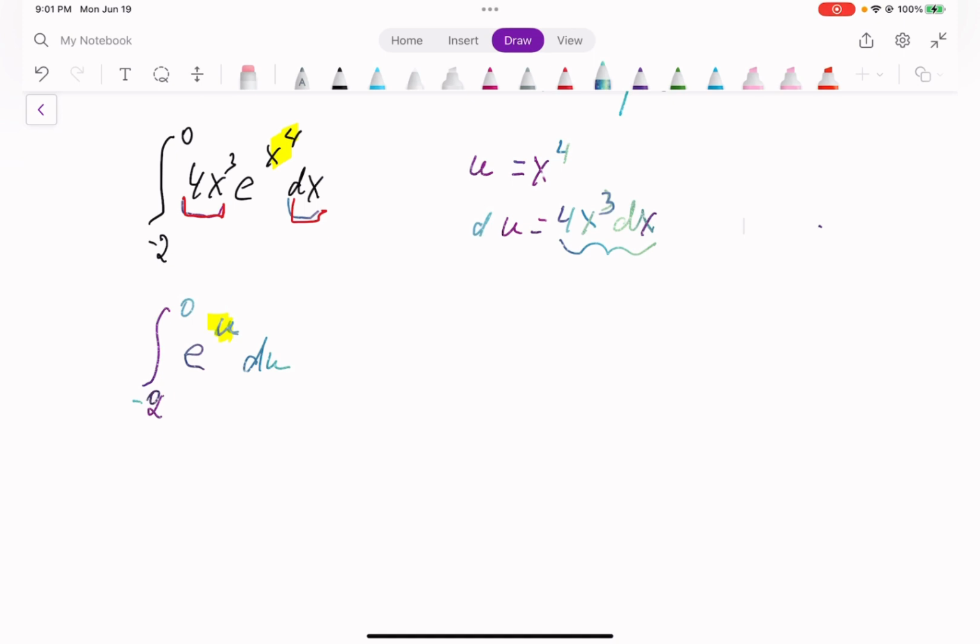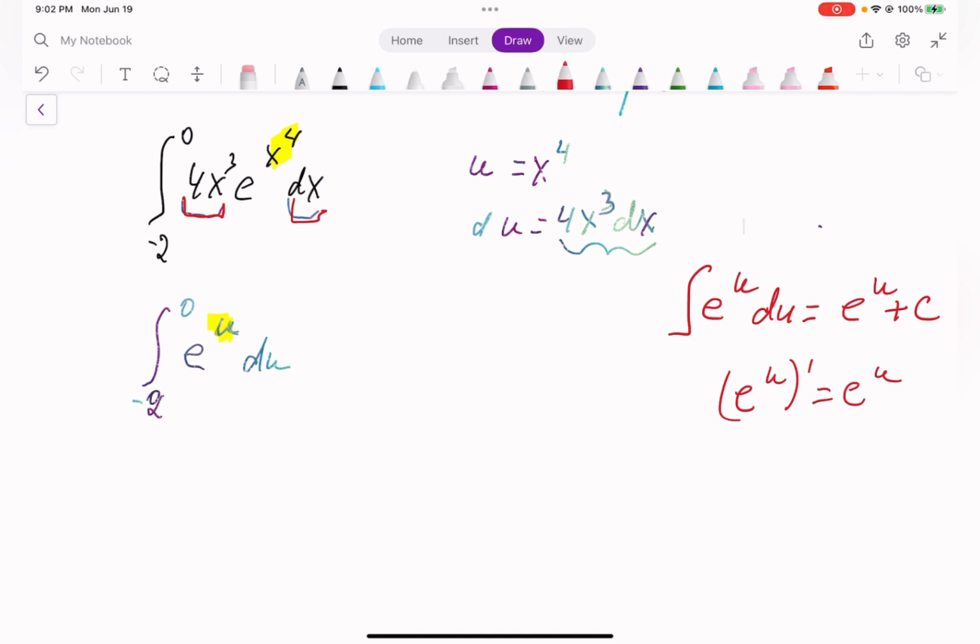right? So, and from here we have a new rule for integral. Integral e to the power u du is equal to e to the power u plus c. Just like the derivative of e to the power u is equal to e to the power u, opposite. So it doesn't matter which way, integral or derivative, it's going to be the same thing.